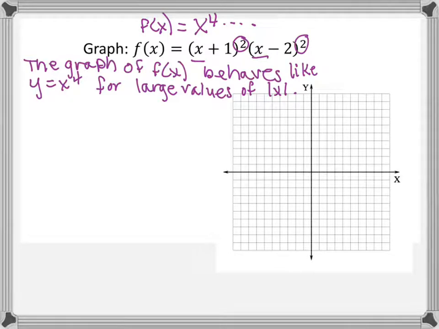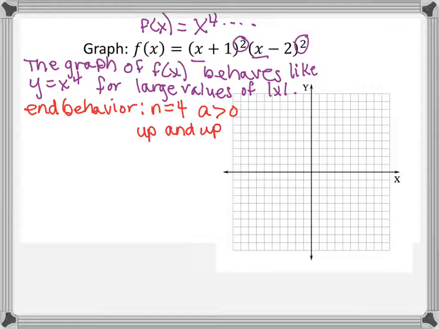So our graph behaves like y equals x to the 4th for large values of the absolute value of x. For the end behavior, our degree is 4. Our leading coefficient is positive, so our graph will be up and up, meaning up and to the left and up and to the right.